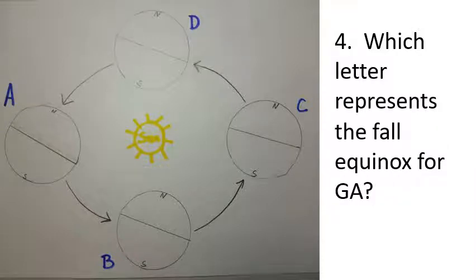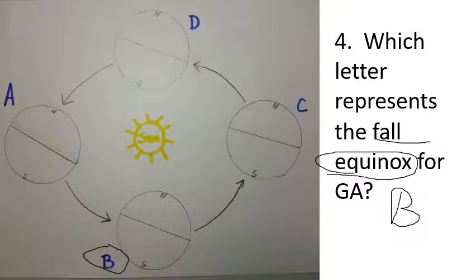Which letter represents the fall equinox? Well, fall, we already said, starts here at B. The equinox is when both hemispheres get equal sunlight. At A, the north is getting more sunlight. At C, the south is getting more sunlight. But at these two here, both hemispheres get the same amount of sunlight.